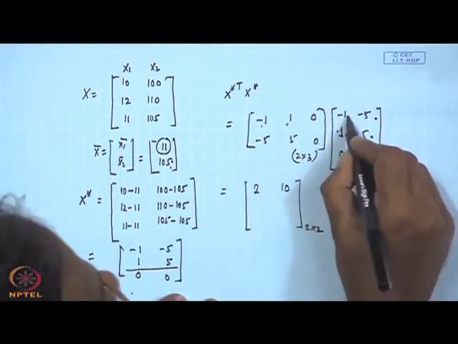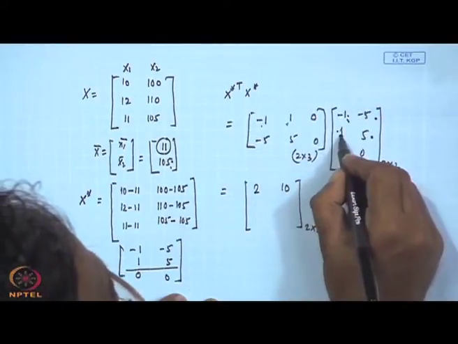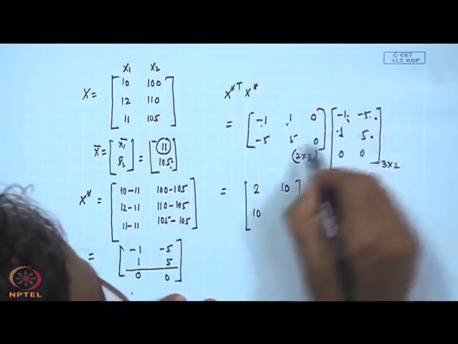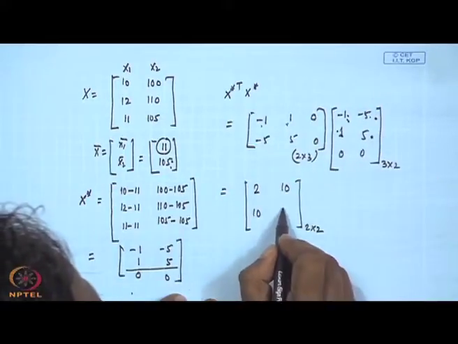Similarly the other off-diagonal is 10, and the last is 25 plus 25, that is 50.